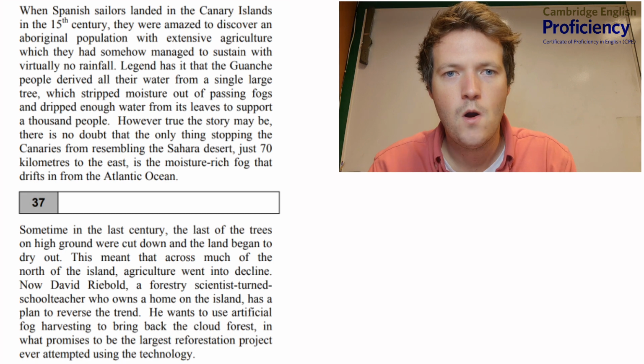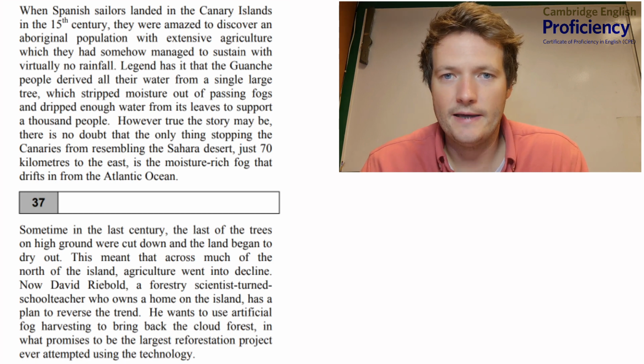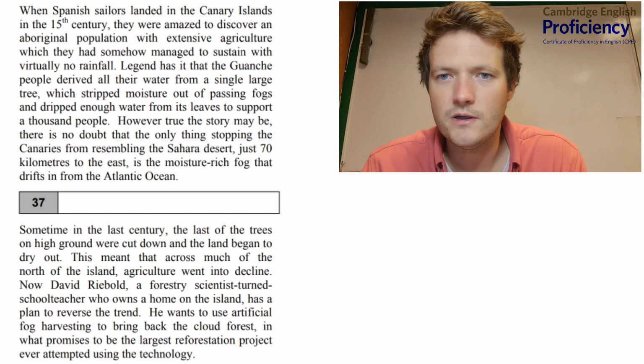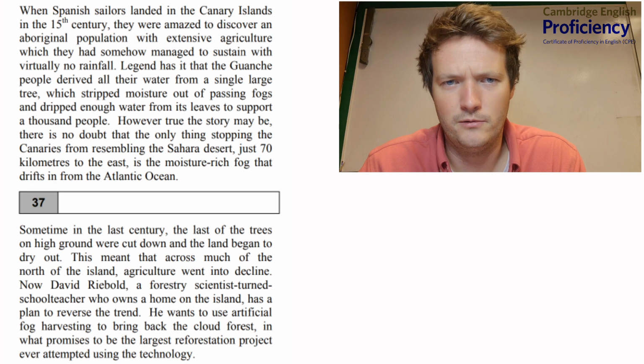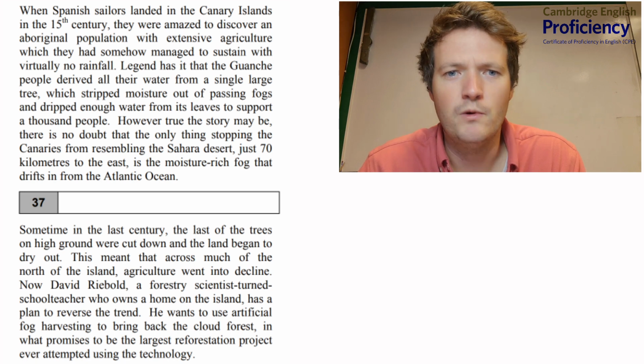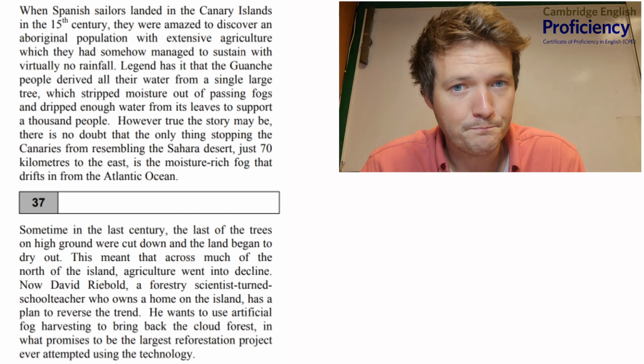Let's have a look. When Spanish sailors landed in the Canary Islands in the 15th century, they were amazed to discover an Aboriginal population with extensive agriculture, which they had somehow managed to sustain with virtually no rainfall.